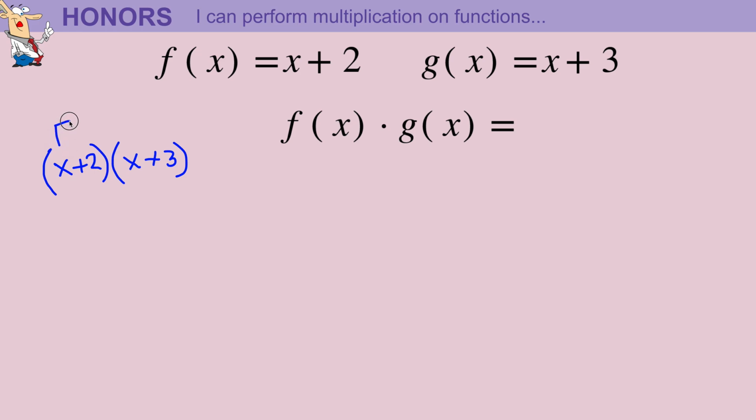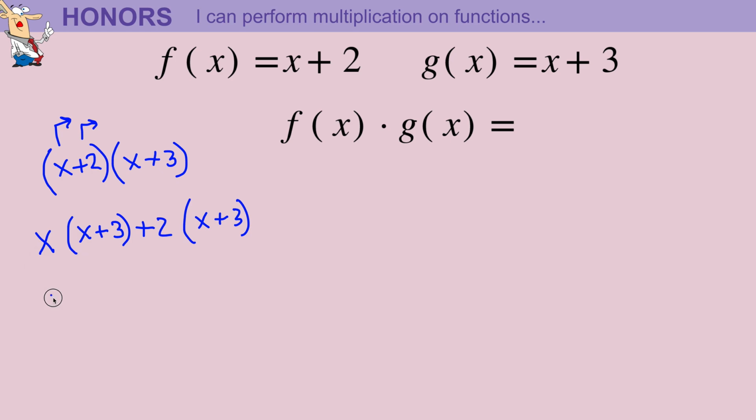So to do this, we're going to distribute the x and the positive 2. So it looks like this: x times (x plus 3) plus 2 times (x plus 3). And then we go ahead and do the distributive.